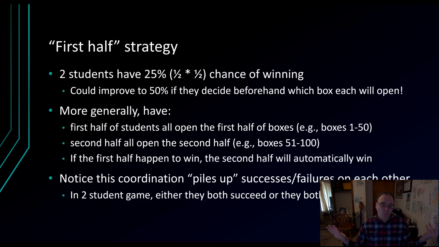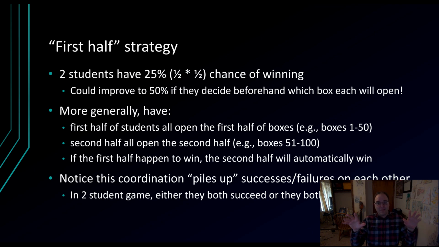Obviously, you could coordinate in ways that make your life terrible. If student one and two say, we're both going to choose box one, you have a 0% chance of winning because one of you is definitely going to fail. So you have to do the right kind of coordination, but that's the trick of this problem. If you can coordinate so that the successes pile on each other, so that if one succeeds, more than one succeeds, or if one is going to fail, they all fail, you get a better chance of winning.